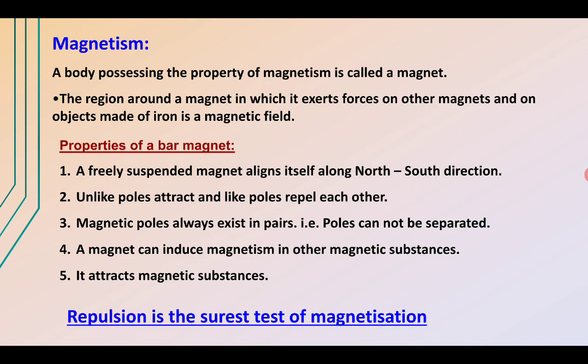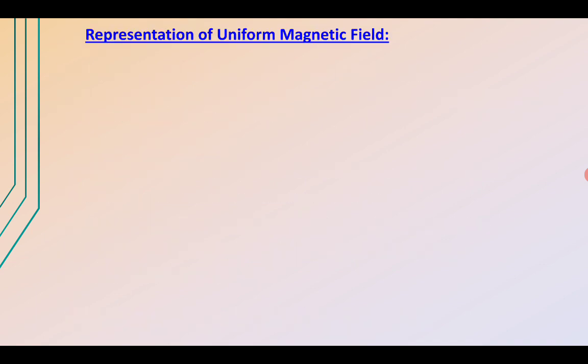After that, let us discuss the representation of the magnetic field. These lines represent the uniform magnetic field. A magnetic field in a region is said to be uniform if it has the same magnitude and the same direction at all points of that region.